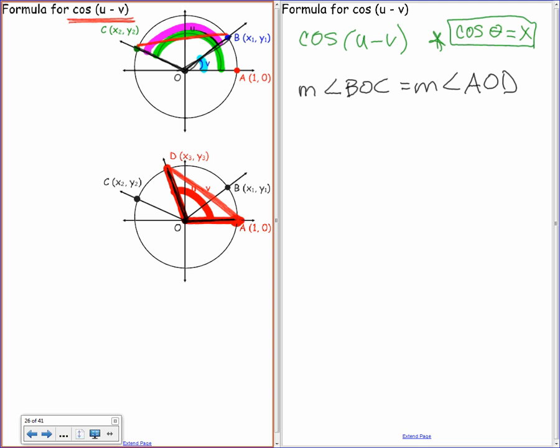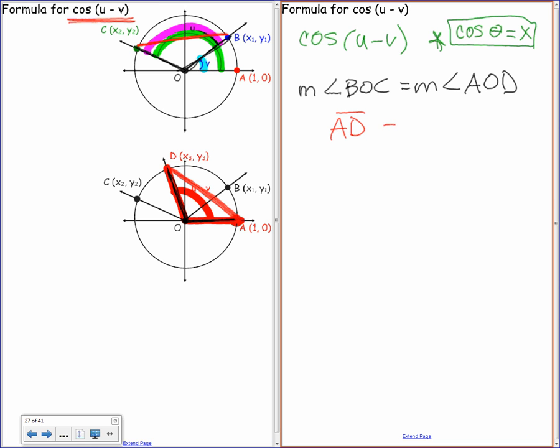The circles are the same size, and that makes life wonderful. So AD is congruent to BC, which means the distance between A and D is equal to the distance between B and C, because congruent segments have equal distances.